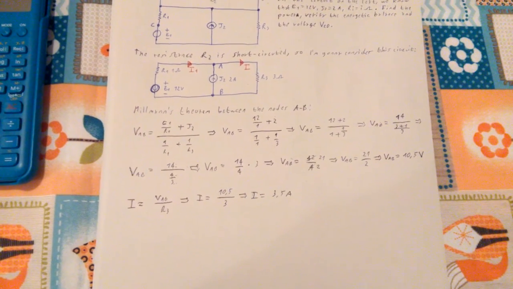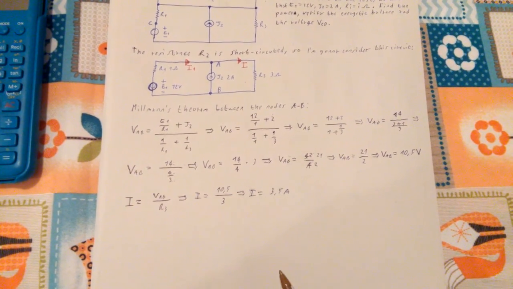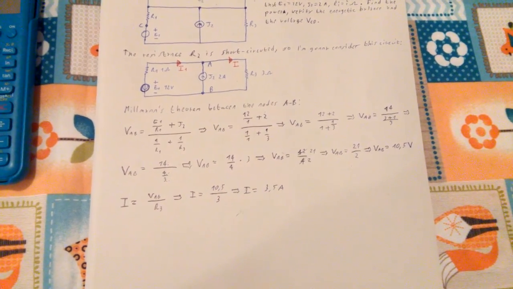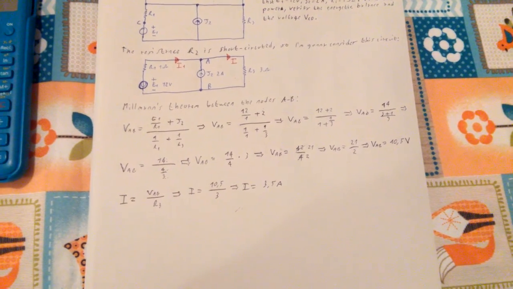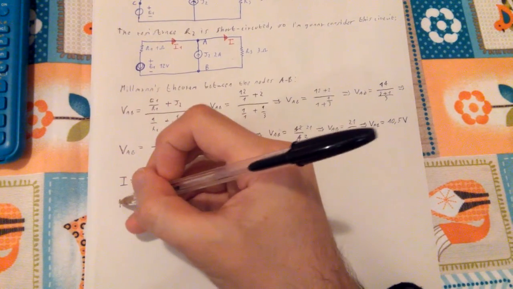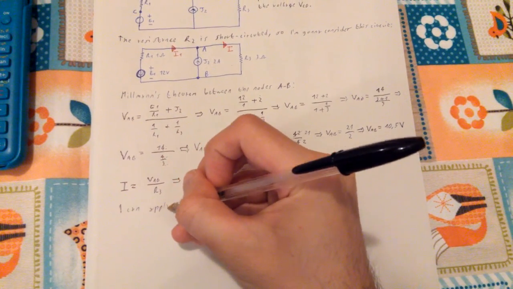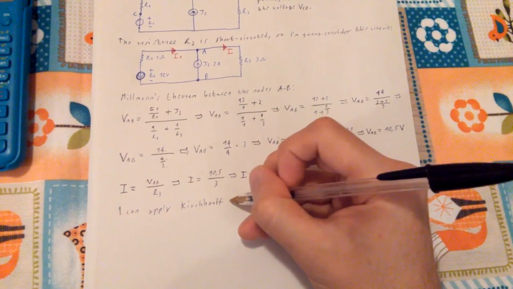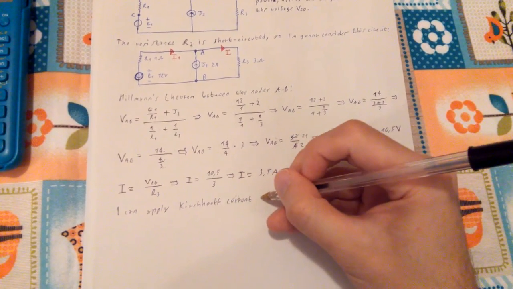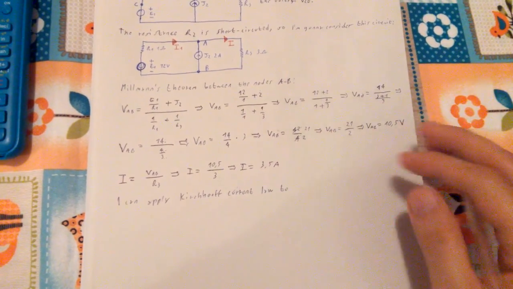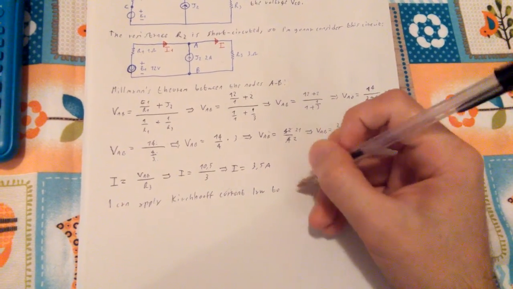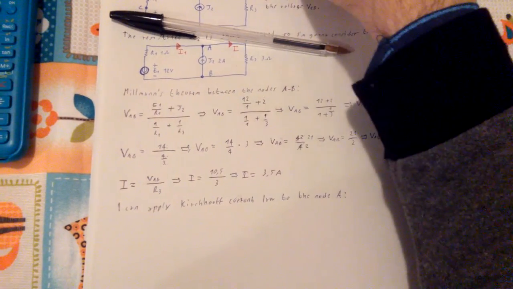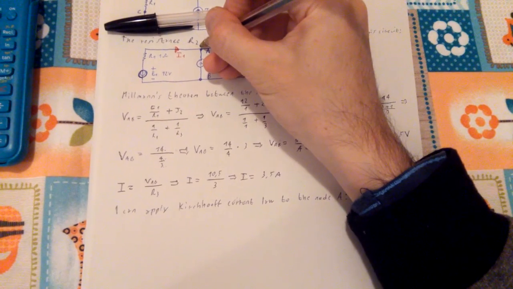Okay, so now I can finally apply Kirchhoff law, the current Kirchhoff law, to the node A. So I can apply Kirchhoff current law to the node A. Okay, so now I'm just gonna consider the node A, this one here.